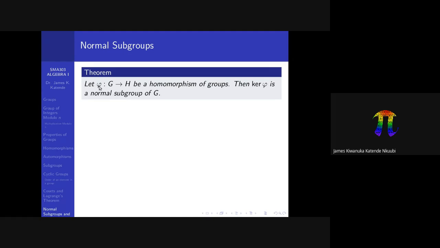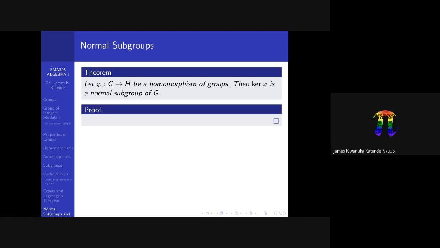Let phi be a map from G to H. Let it be a homomorphism, and G and H are just groups. So here we claim that the kernel of this map is a normal subgroup of G. This is also a very useful theorem and comes in handy in many situations. So we'll prove it.